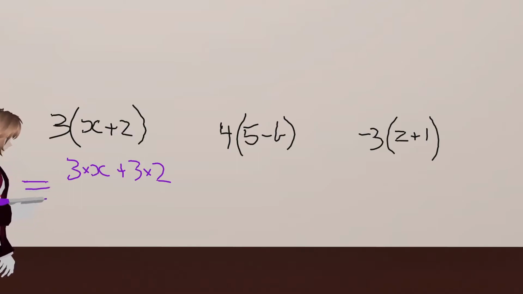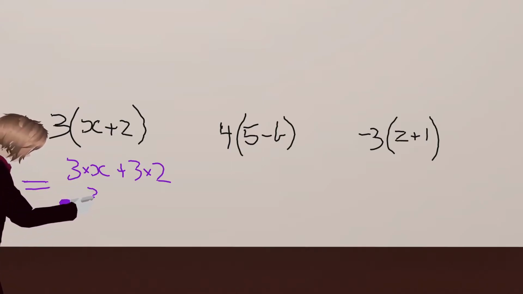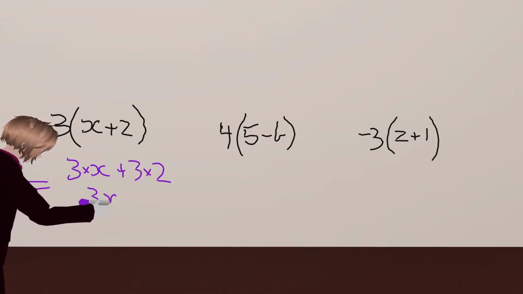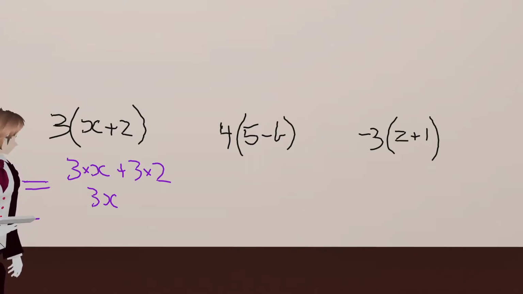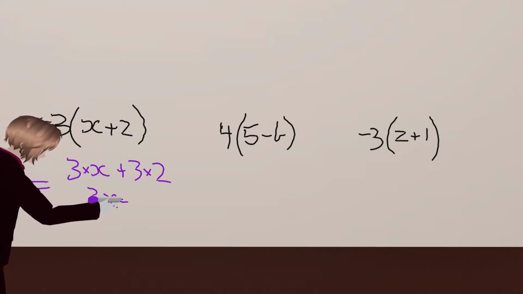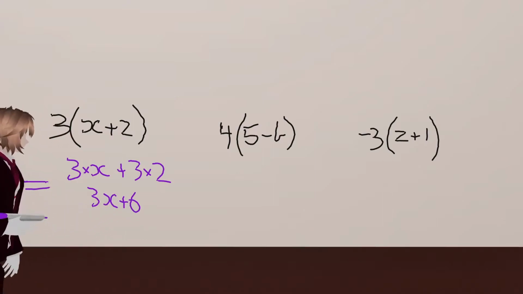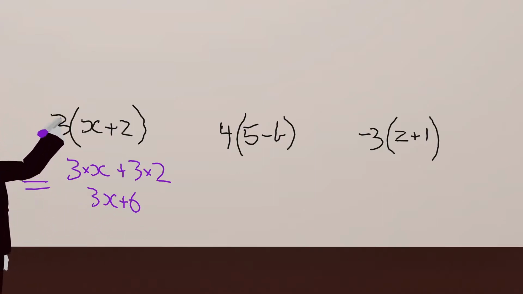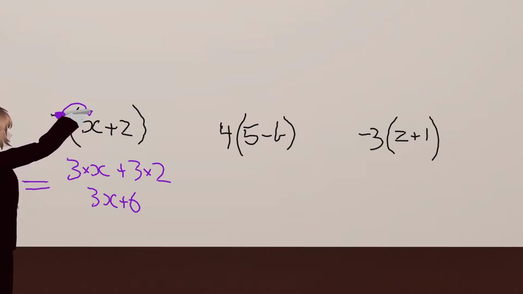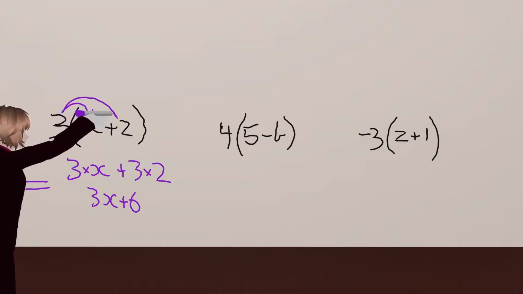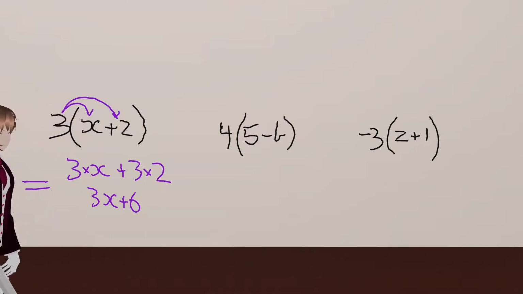So that can now be simplified. So 3 times x, we just get rid of this times. So we just write this as 3x plus 3 times 2 is 6. Nice and simple. So we've just done this times this, and this times this.